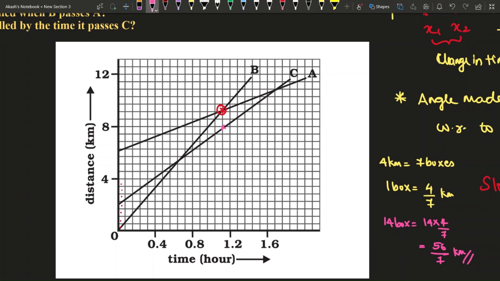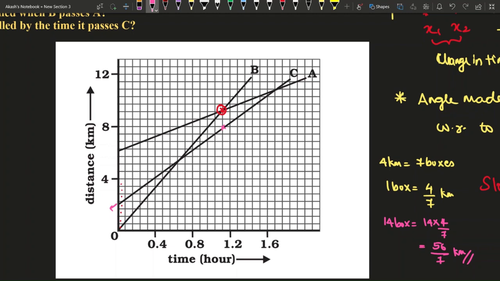Fine. But when you consider C, C is not starting from the origin. C's initial distance is somewhere at another point. It is not coming exactly, but it is starting almost after 3.5 boxes. 3.5 is the only possibility you can take, or even you can take 4 for your convenience.